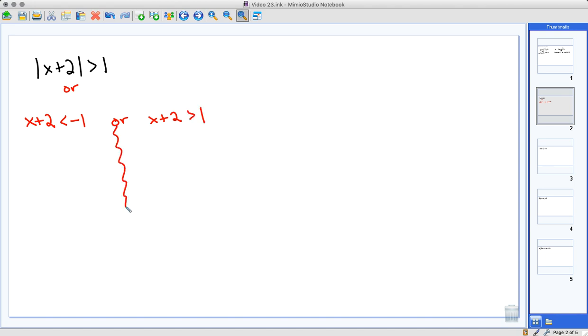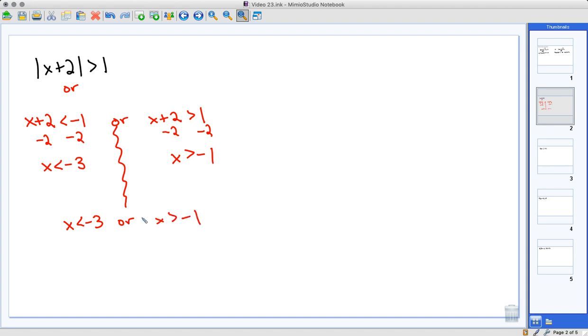Then we solve our or problem separately. Subtract 2 from both sides, x is less than negative 3. Subtract 2 over here, x is greater than negative 1. So my answer: x less than negative 3 or x greater than negative 1.